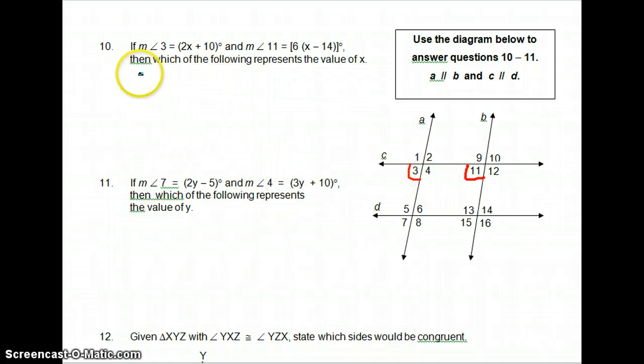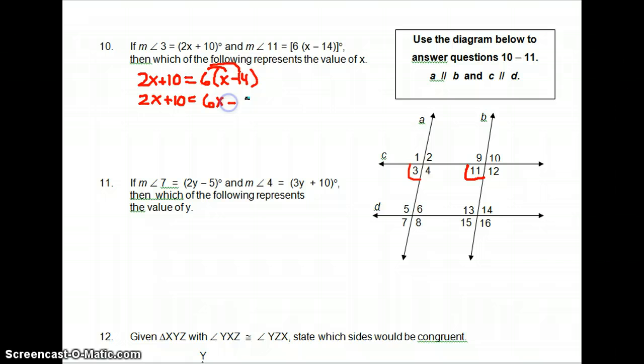So they must be equal, so 2x plus 10 equals 6 times x minus 14. First we must distribute. So we've got 2x plus 10 equals 6x minus 84. I'm going to subtract 2x on this side and 2x on this side.